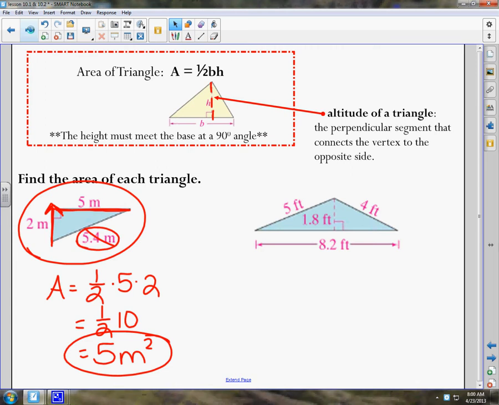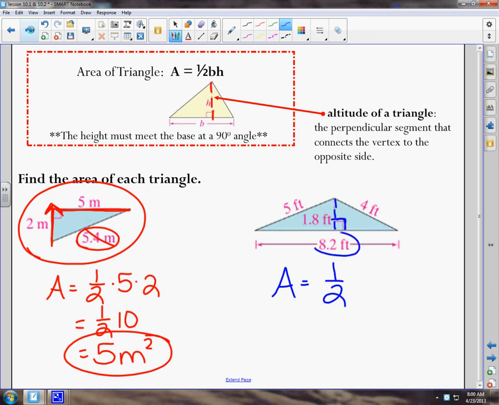This might be a review, but you have to be really careful when you're looking for that height, because a lot of kids mess up on this. All right, so try this next one, and then we'll go over it. Okay, so my area is 1/2, my base and my height meet at a 90-degree angle. So I know this is my base, 8.2, and this is my height, 1.8.